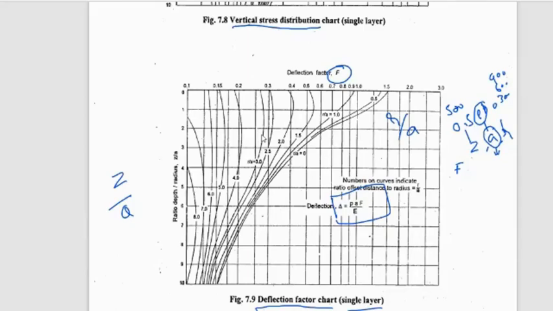Then we can find the deflection delta for various r by a and z by a values, right? Those who have attended earlier classes, you can start with your calculations. Those who are new, for them I will start with the basic diagram and calculations.